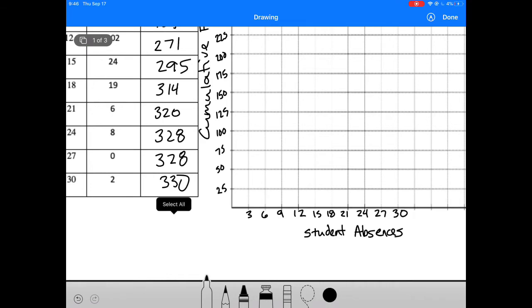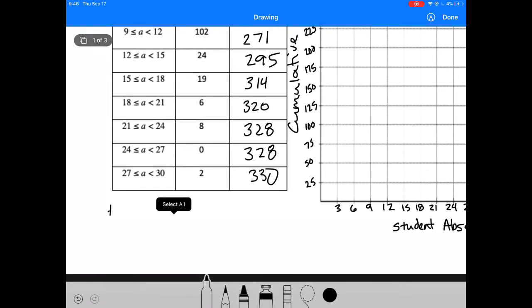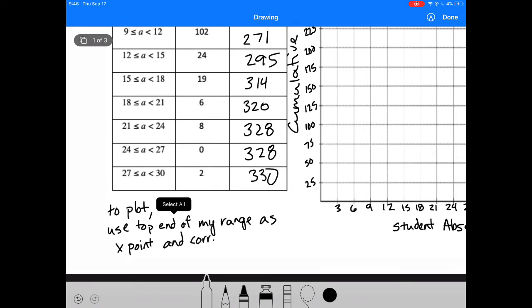So now what I'm going to do is plot. In order to plot, I'm going to use the top end of my range as the x point and the corresponding cumulative frequency as the y point.